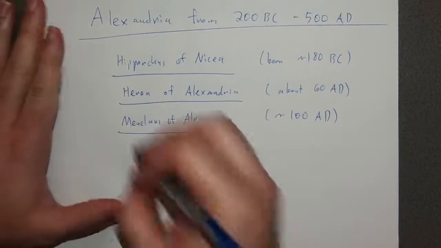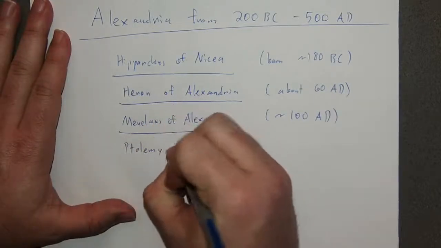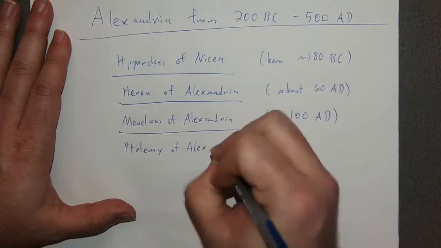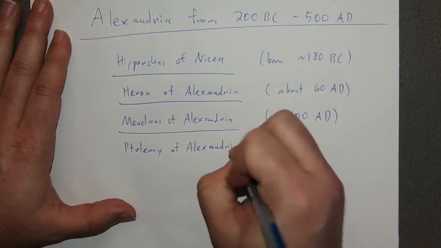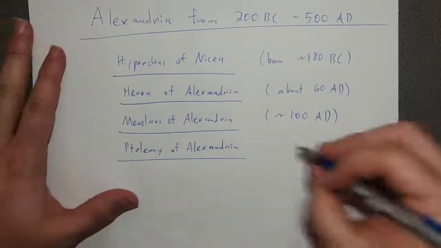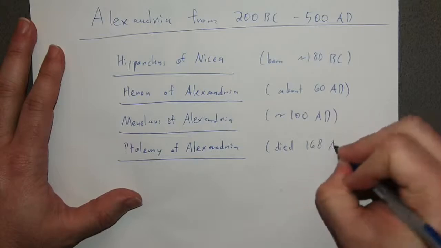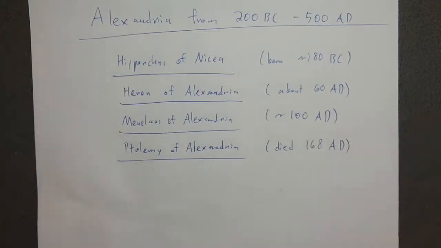Okay. There's Ptolemy of Alexandria, not to be confused with the earlier Ptolemaic rulers of Alexandria. He lived in Roman Alexandria. So he died in 168 AD. As a mathematician, there's some things to say about Ptolemy, but he is undoubtedly more known.